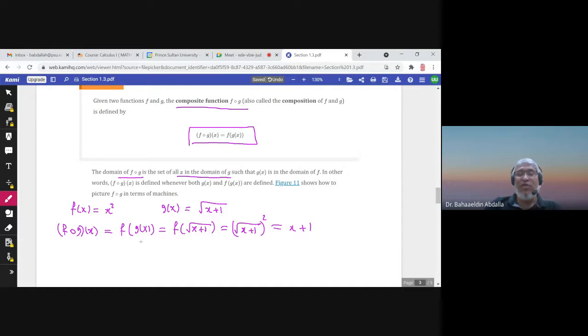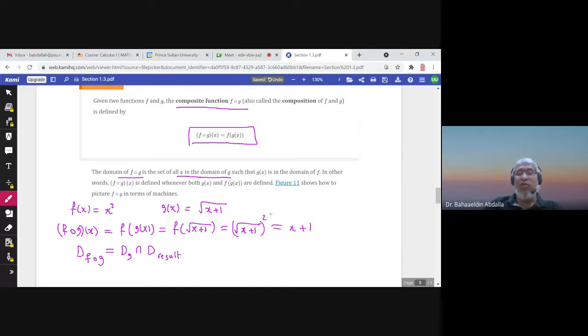So g of x should be in the domain of f. Or I can just say easily that the domain of f circle g is the domain of g intersection the domain of the result. What do I mean by the result? This one.